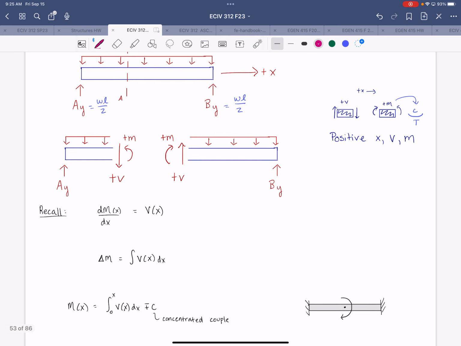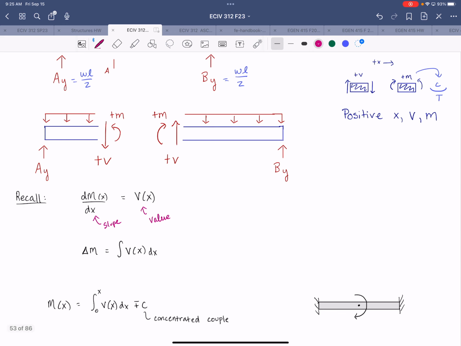And if we plot, right, the internal values for shear and moment along the length of the beam, we know that there are some relationships between those two diagrams, right? So for example, the slope of the moment diagram is equal to the value of the shear at any given location x.